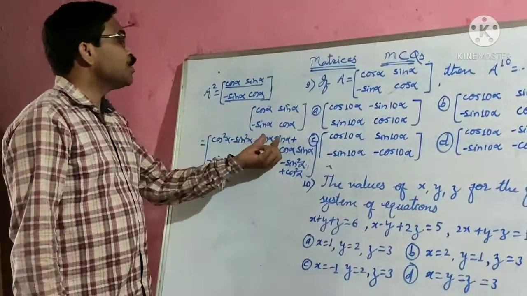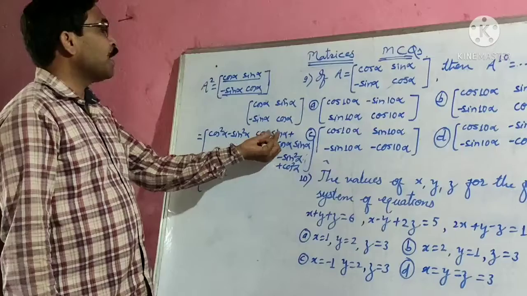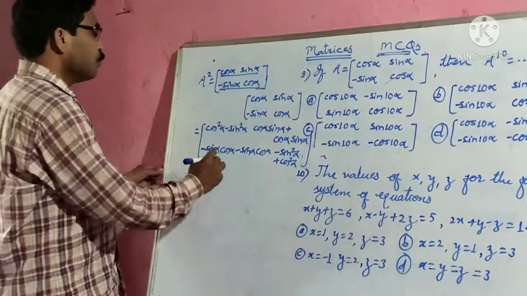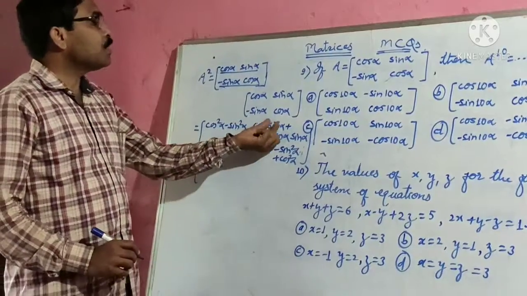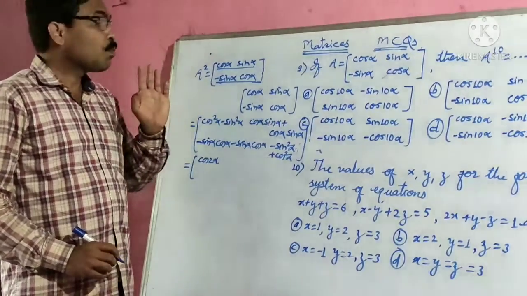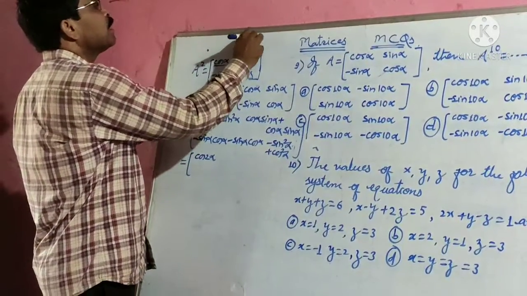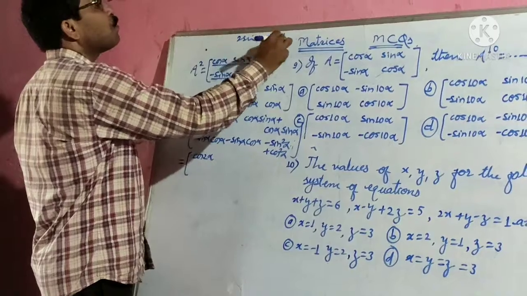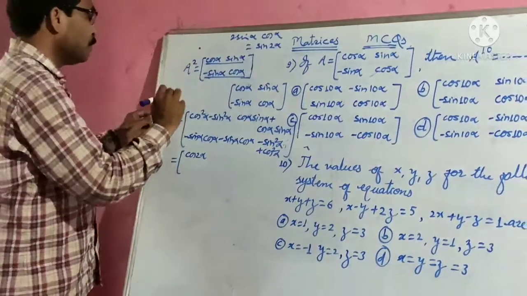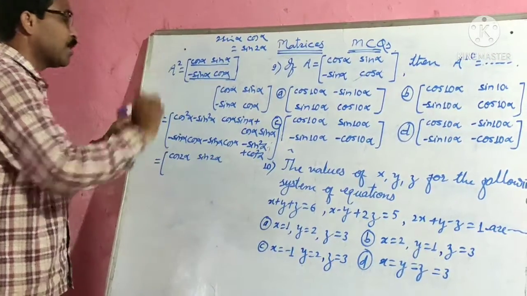After that, cos of alpha into sin of alpha plus cos of alpha into sin of alpha, we write it as twice sin of alpha into cos of alpha, which is equal to sin of twice alpha. So directly I write here sin of twice alpha.